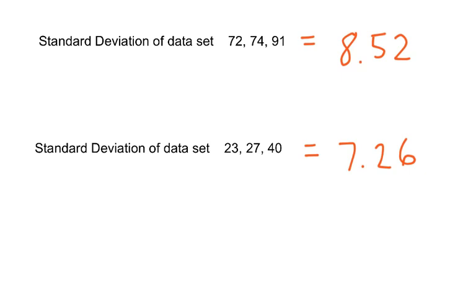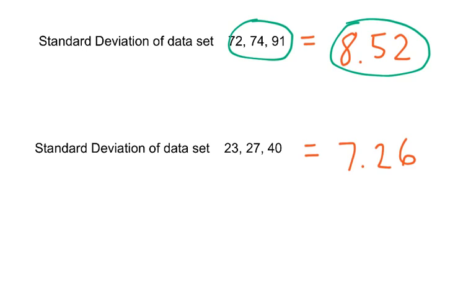And now if the question is, which of these data sets is more spread out? Well, whichever one has the higher standard deviation, that's the one that's more spread out. So this data set right here, because it has a higher standard deviation, is more spread out than the other. Maybe this is test scores in a class and you want to see which class was more consistent. Pretty hard to tell just by looking at the raw numbers.